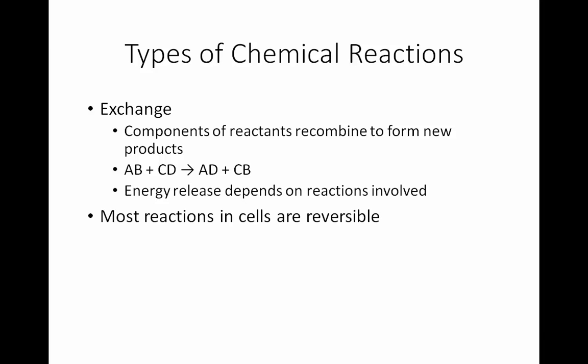Now most reactions in cells are reversible, so you'll see the arrow going in two directions, and what makes it drive one way or the other may be something simple like the presence of a particular enzyme or a temperature or a particular pH. Now we've mentioned water as being an important molecule here.